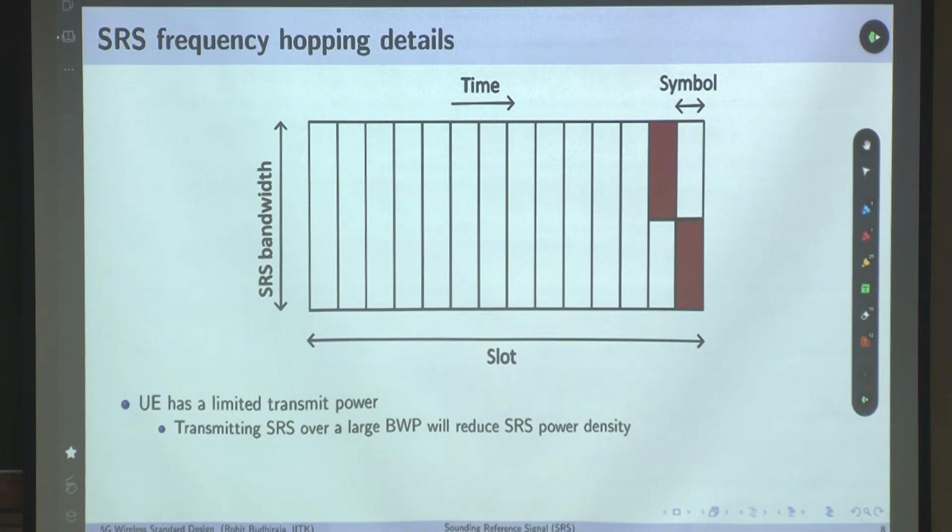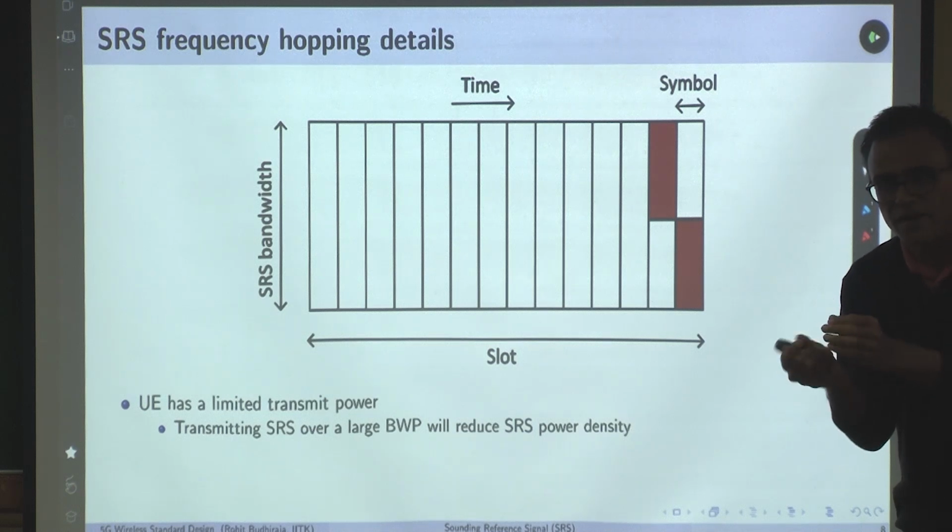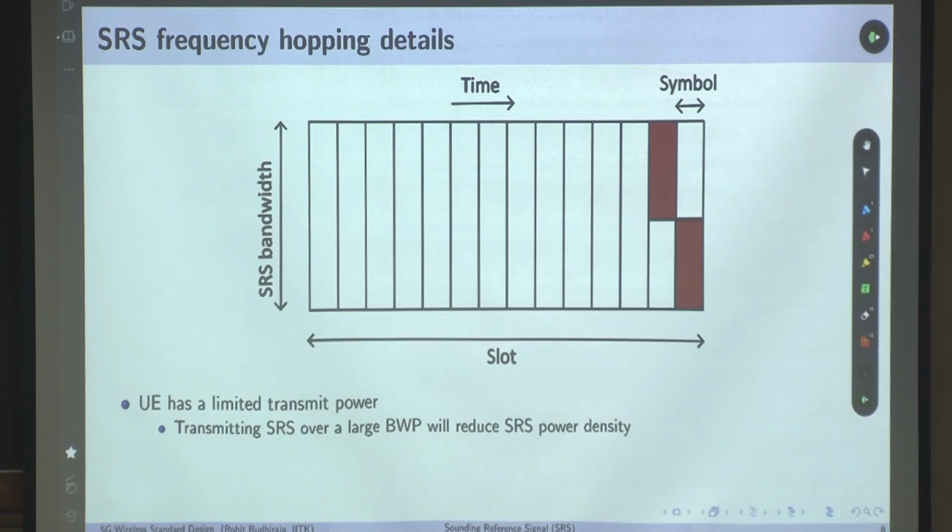So the UE has a limited transmit power. Transmitting SRS over a large bandwidth part will reduce SRS power density. Power density is power per unit bandwidth. That's what I said: per RE the power will come down in each OFDM symbol.